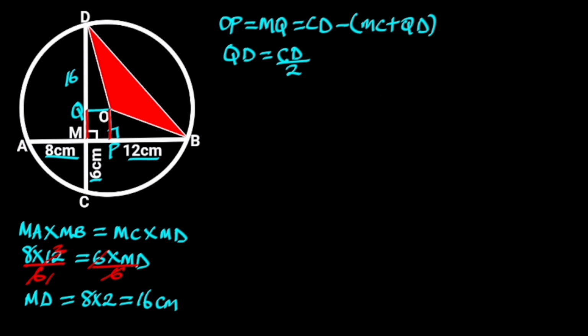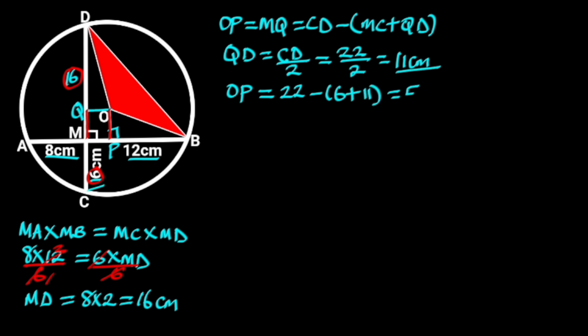Reason: a line from the center of a circle that is perpendicular to the chord also bisects the chord. CD is 16 plus 6, which is 22 centimeters, and 22 divided by 2 is 11 centimeters. Hence, OP equals 22 minus 6 plus 11, which is 5 centimeters.